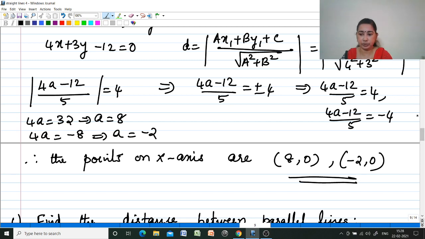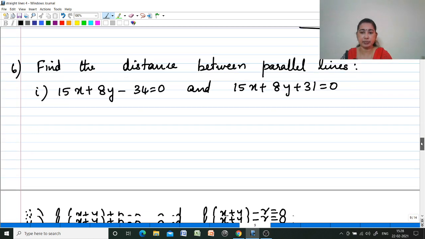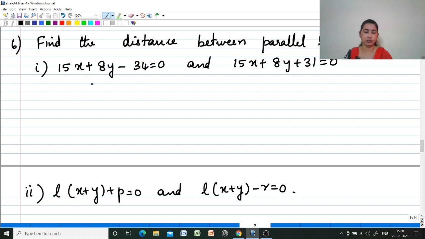Okay. Now next one, find the distance between parallel lines. You have to find out the distance between these two parallel lines. How to find out the distance? Distance d is equal to modulus of c1 minus c2 by root of a square plus b square.